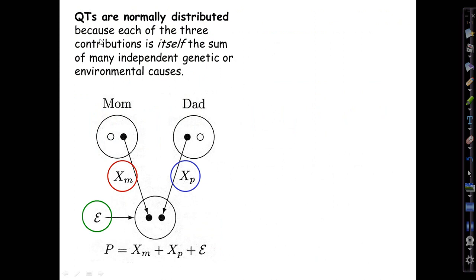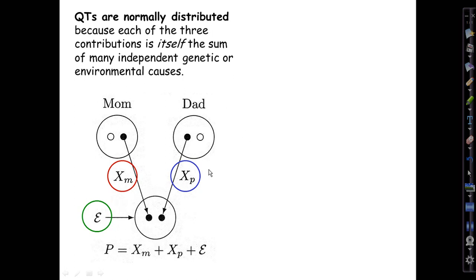Okay, so now we kind of have a theory for why quantitative traits are normally distributed. It's because each of the three contributions is itself the sum of many independent little causes, genetic in the case of X sub m and X sub p, and environmental in the case of epsilon.